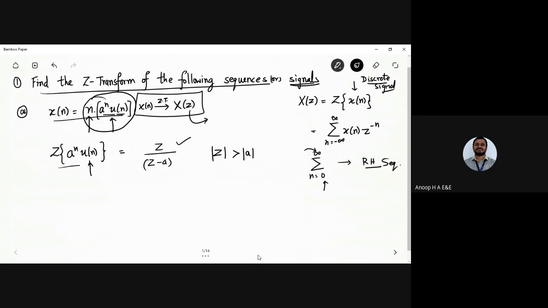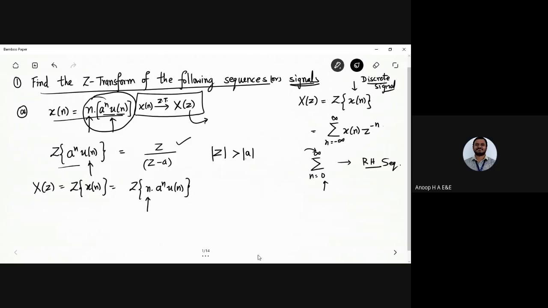Now, n is multiplied here. So in order to arrive at X of Z, that would be equal to the Z transform of X of n, that is nothing but the Z transform of n times a power n u of n. So what do I need to do?